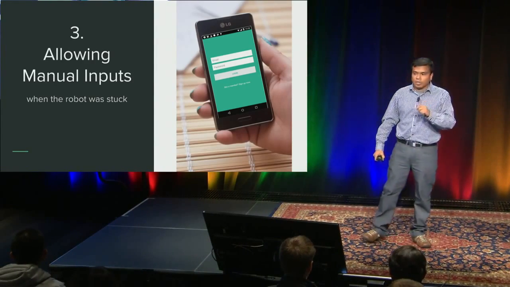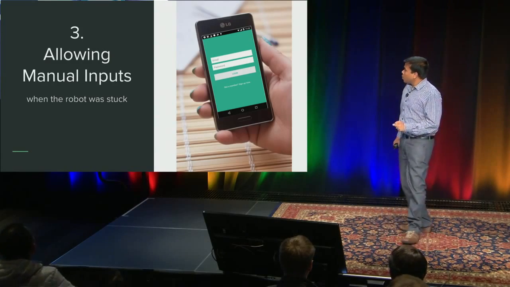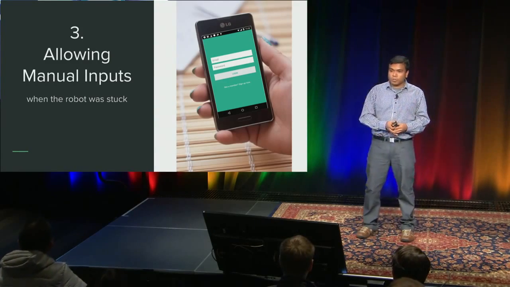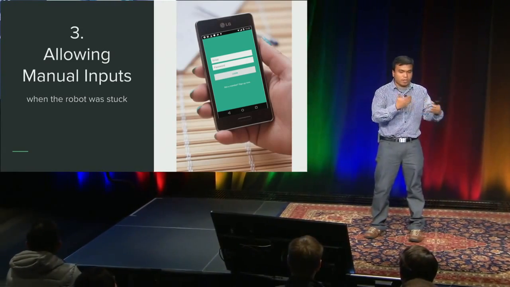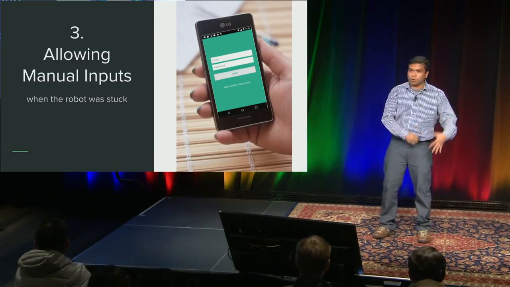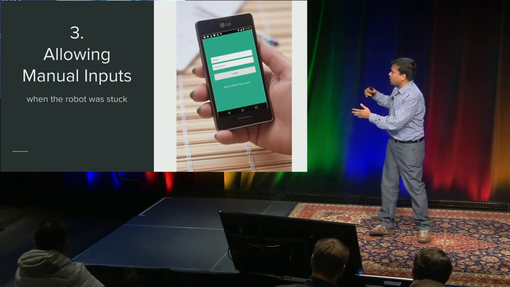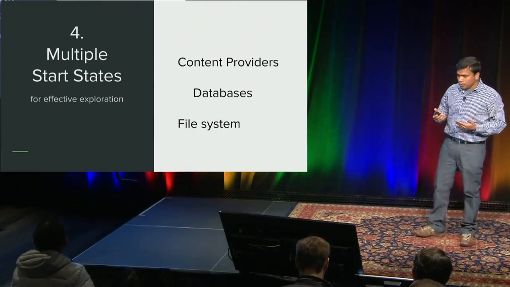Specific tools like GUI Ripper and DynoDroid allowed you in the configuration to specify different username password pairs, or different values that the robot could then use to get past such screens.